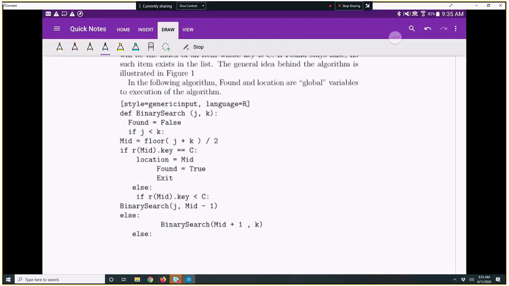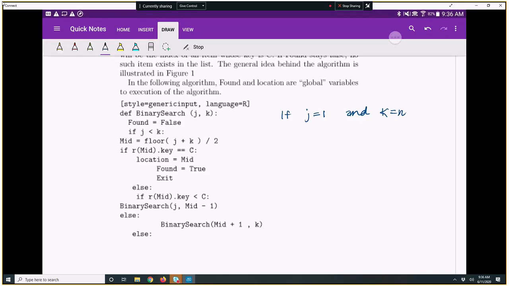So in this case, if j equals 1 and k equals n, because we want to search through our whole list, 1 is going to be less than n for sure. So we're going to add 1 plus n and divide by 2. If the sum is an even number, then we'll get an integer. But if it's an odd number, then we just round down.